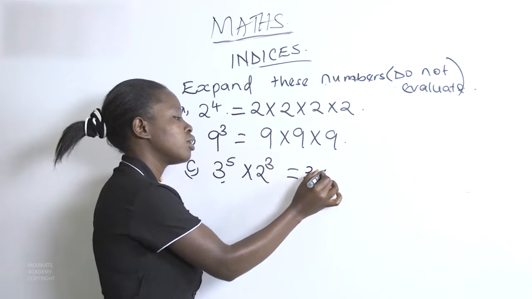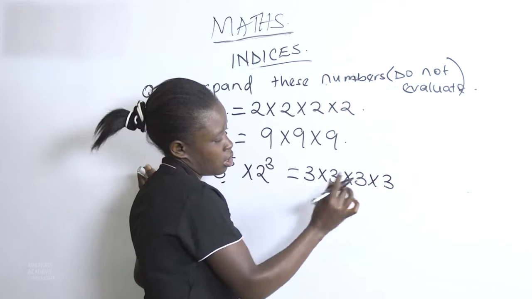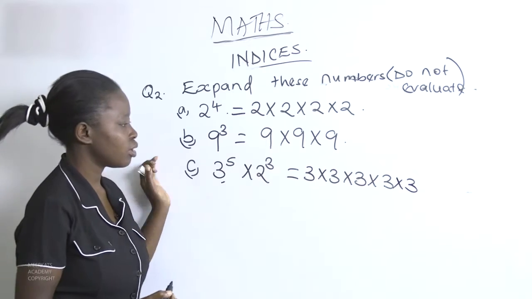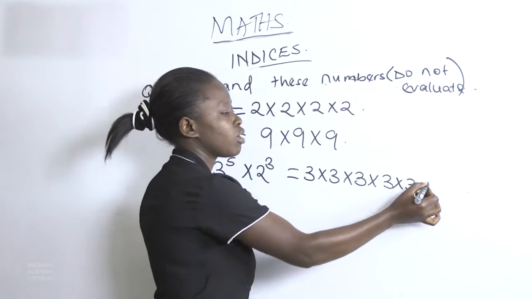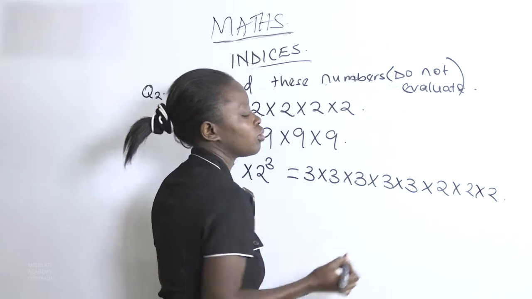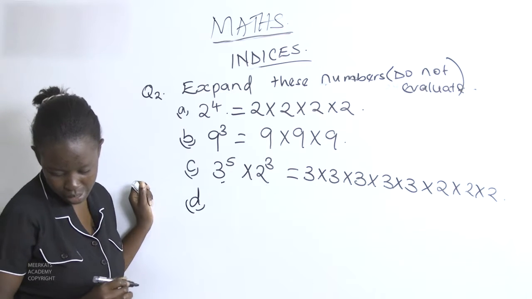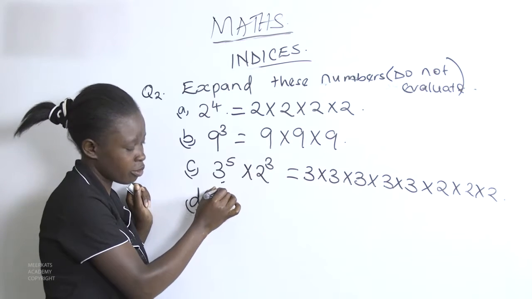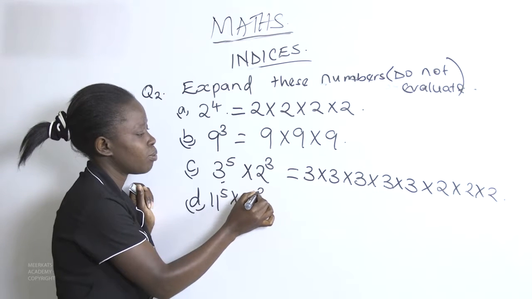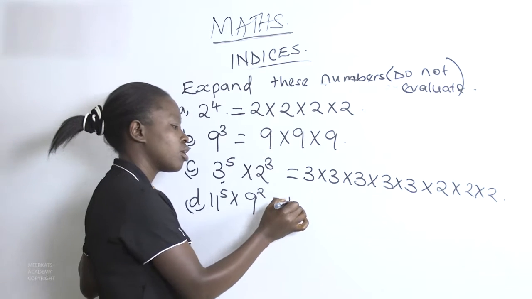So we have 3 times 3 times 3 times 3 times 3, so 5 times. Then 2 is repeated 3 times. So I have 2 times 2 times 2. Next number we have is 11 to the power of 5 multiplied by 9 to the power of 2. So 11 is repeated 5 times.